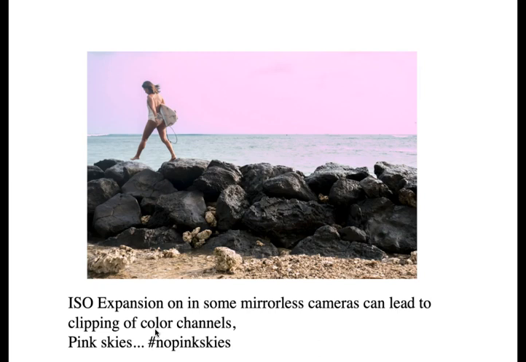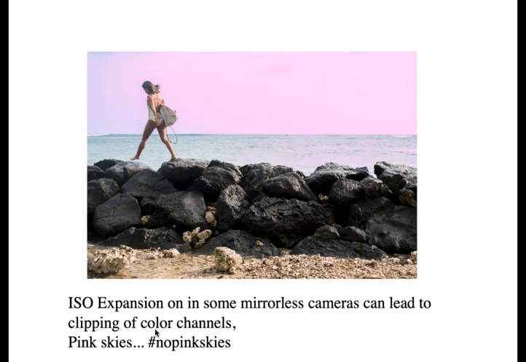That's a pretty big range. But if you turn on ISO expansion, you can get a stop or two in either direction, or so you think. What it actually does is it overexposes, and when that happens, a lot of times on these mirrorless cameras, some of these older ones, it actually ends up clipping out the color channels.